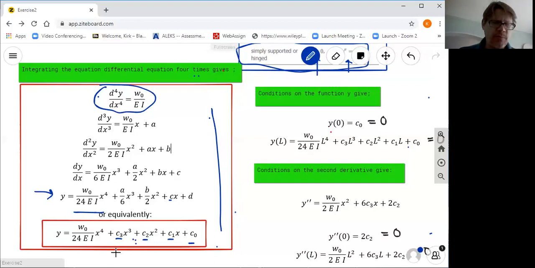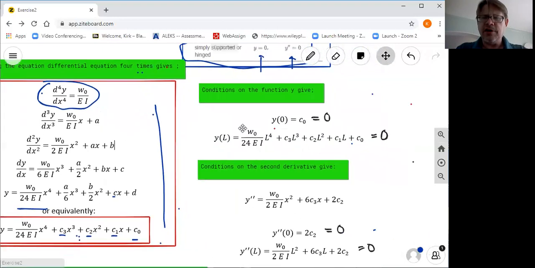CMU Bear, do you have any insight on that? Well, Kirk, it seems to me that if we have four equations that come from our boundary conditions, perhaps those four equations will give us four constraints that'll determine the values of those four constants. CMU Bear, I think you're onto something there.